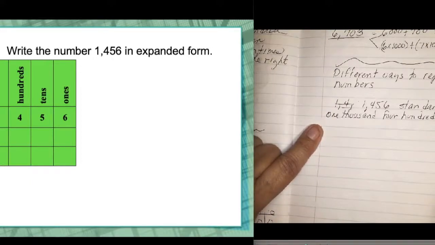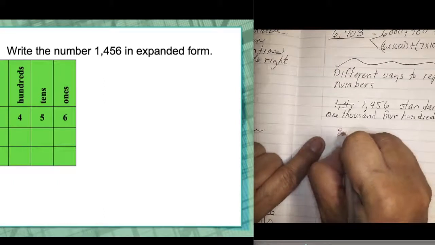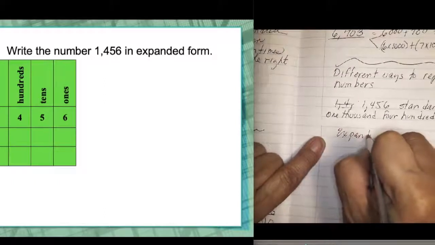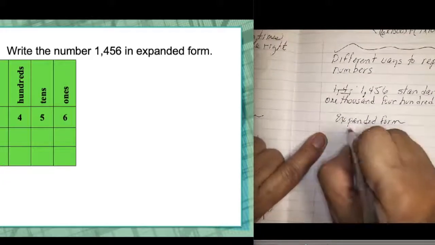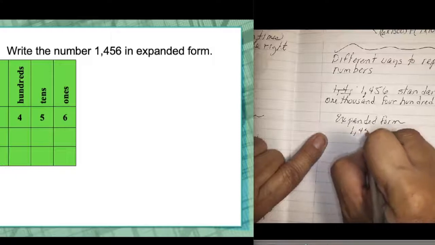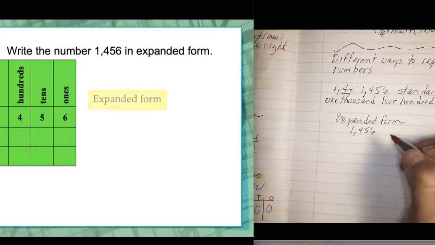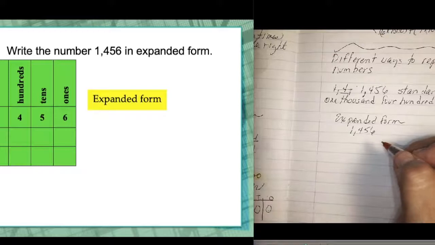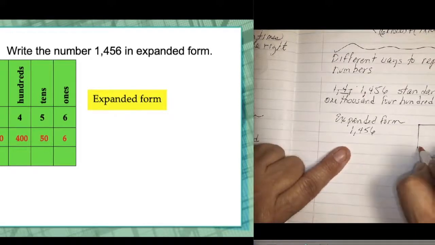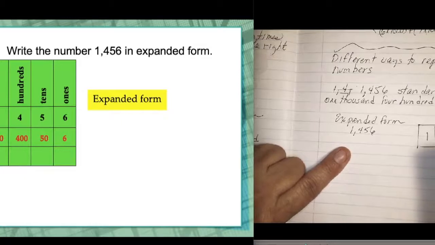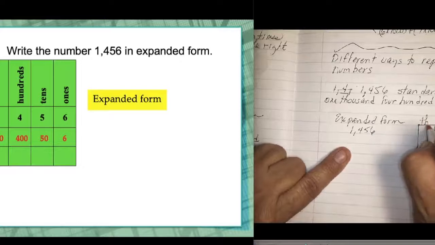Now let's look at expanded form. In expanded form, we have 1,456. We can use a place value chart if you want to just draw a quick sketch so you'll remember. It'll be in your notes. 1, 4, 5, 6. Remember, this is my ones, my tens, my hundreds, my thousands.